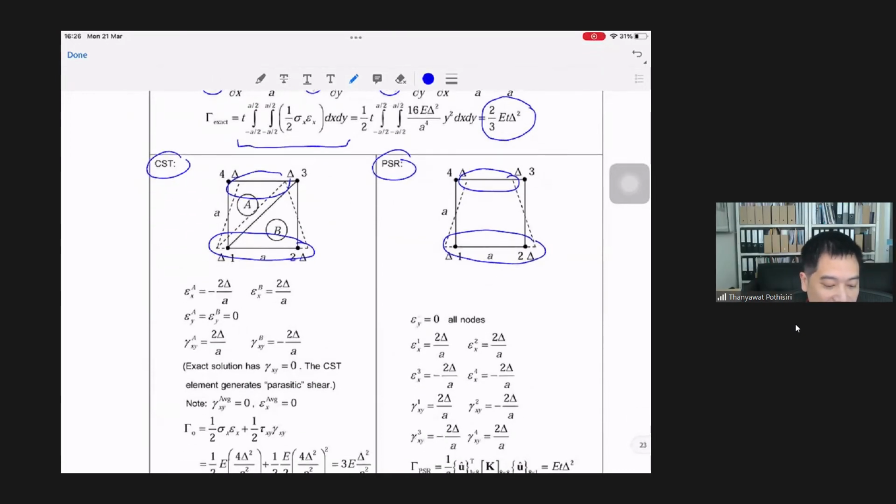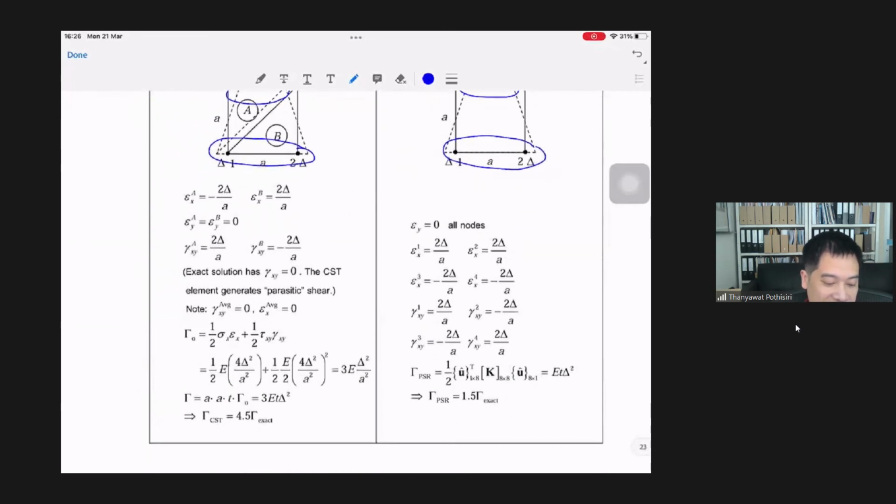Okay, so you would see that in this case, if you use the CST element, the resulting strain energy would be 4.5 times the exact strain energy. Why? If you use the PSI elements, you will see that the strain energy would be 1.5 times the exact strain energy. Okay.